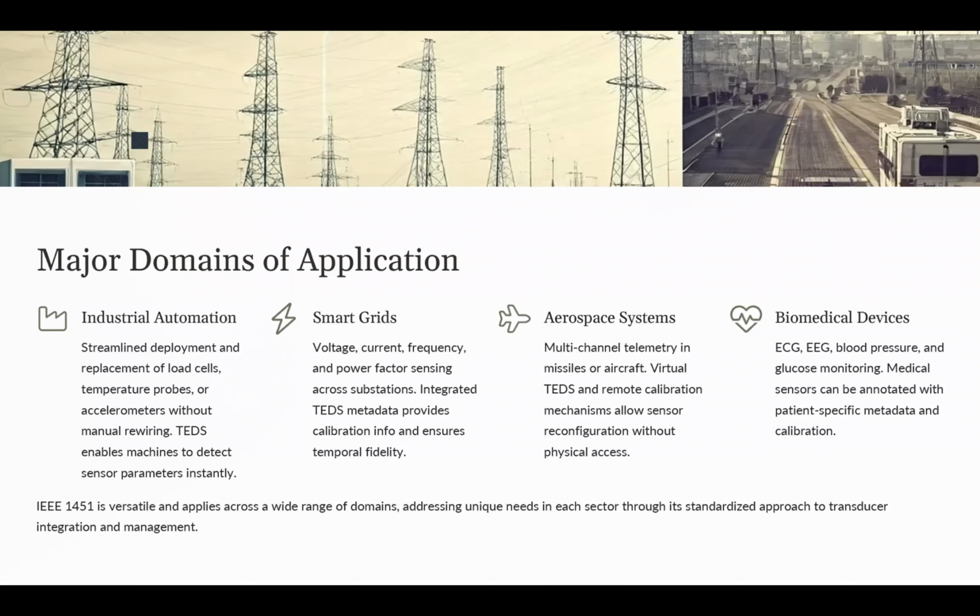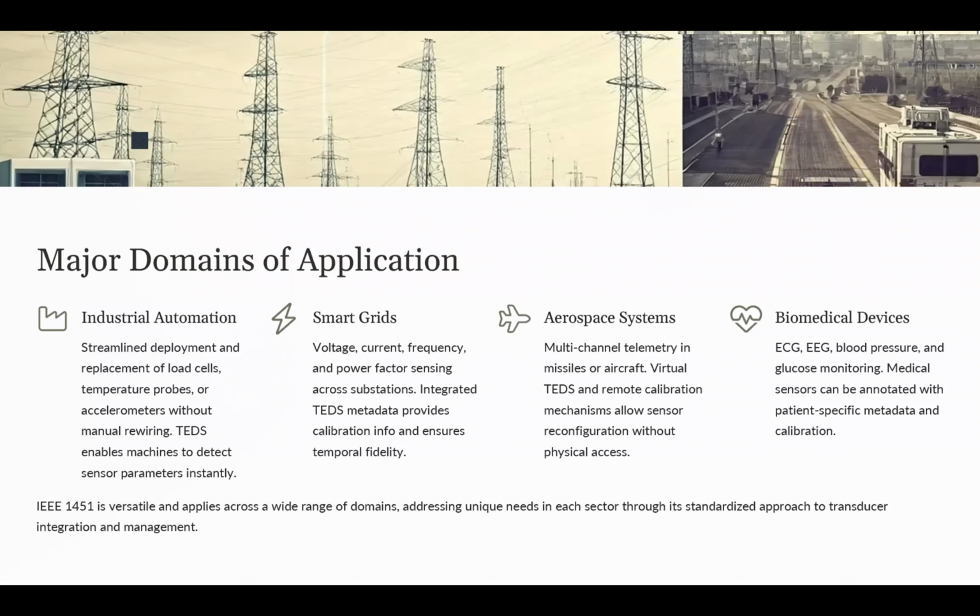There is an application in aerospace systems, when we need control from a distance, with virtual TEDs and remote calibration capability, which allows a multi-channel telemetry system. So we could reconfigure the system in aircraft without physical access. You could imagine how important this is.